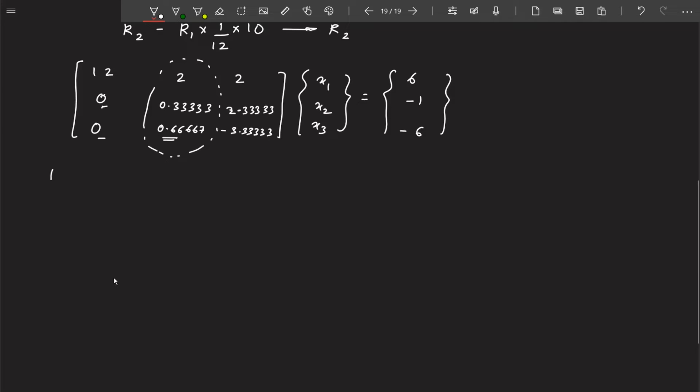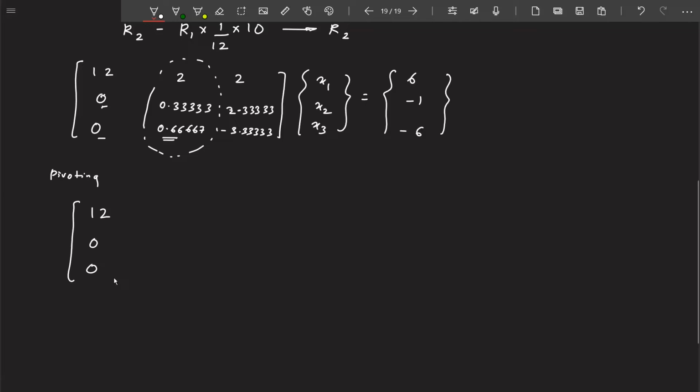If you perform partial pivoting here, you are going to bring the highest value on the top, or arrange it like highest, then second, third highest, and then lowest.